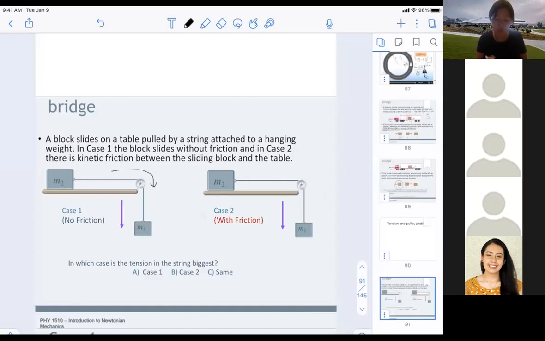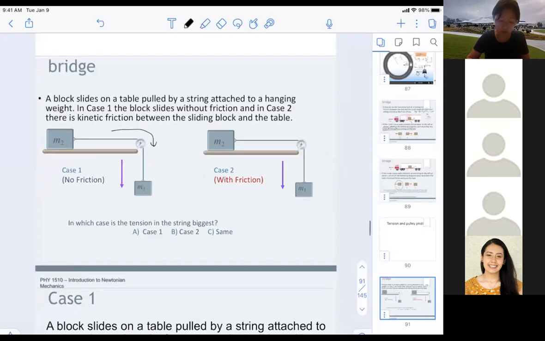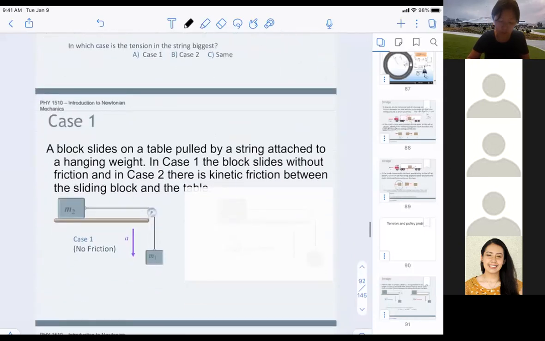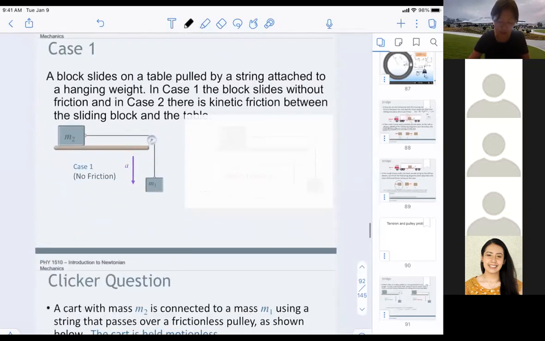I just want to use this bridge question opportunity to solve such a problem. We solve for the tension in case one, and we solve for the tension in case two, and then obviously we could compare. But the important thing is let's just figure out how to deal with this type of question. So let's look at the scenario where there's no friction, just the two objects, okay?